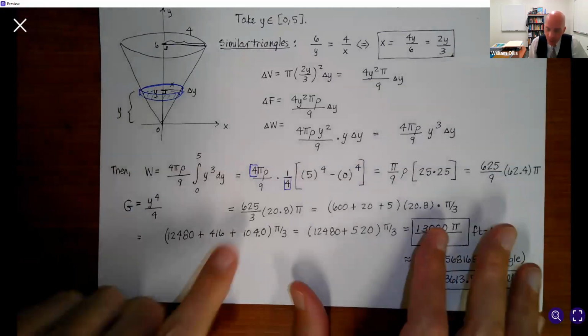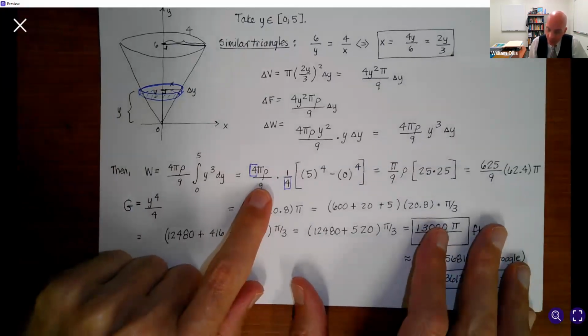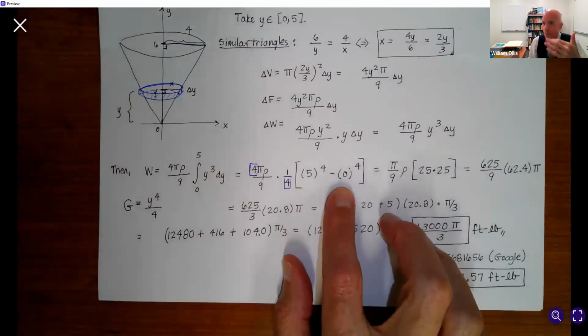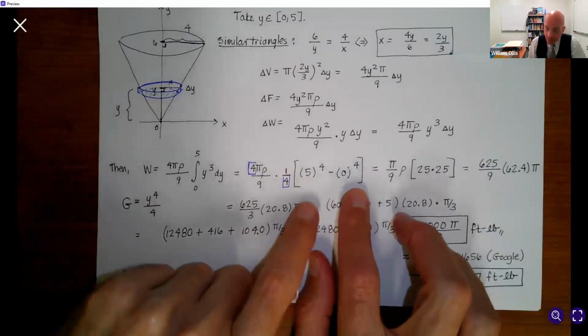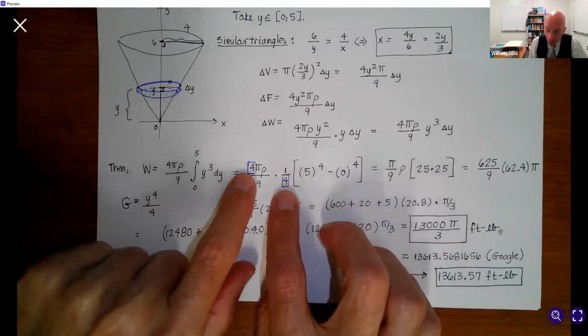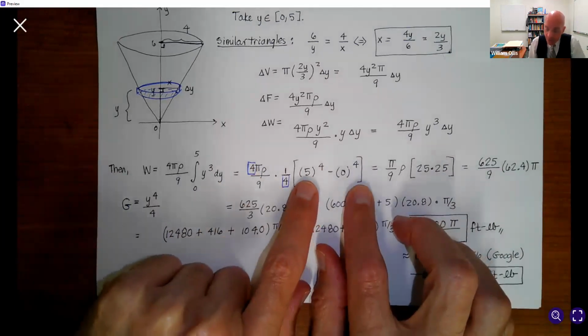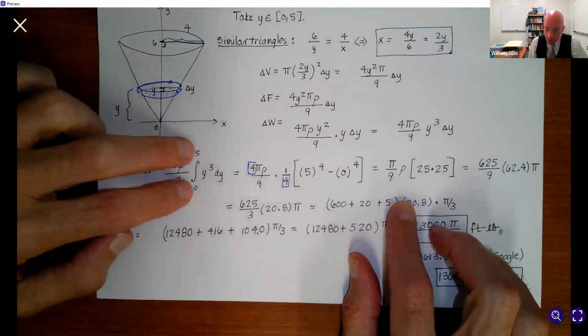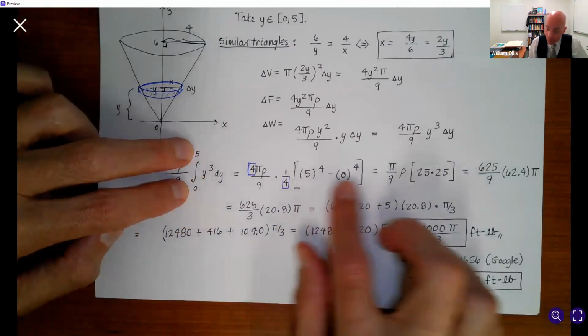Now, here's what's interesting about this. This is like the last problems I've done, like the very first one with the x squared over 2. Notice we have the 4 here that we can extract, and it will absorb the 4 here from the constants. And then we'll have 5 to the 4th minus 0 to the 4th using the limits of integration. Very simple.